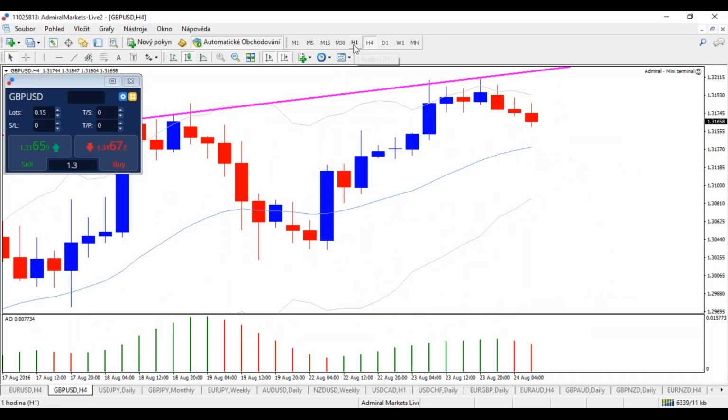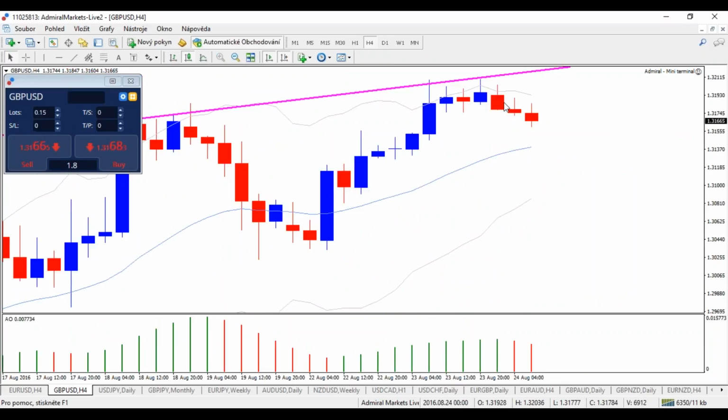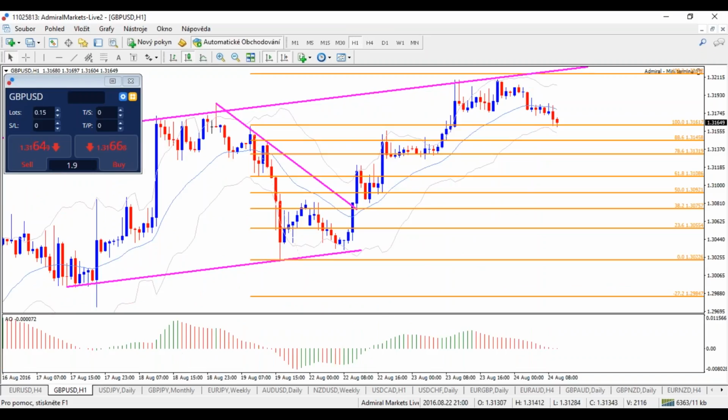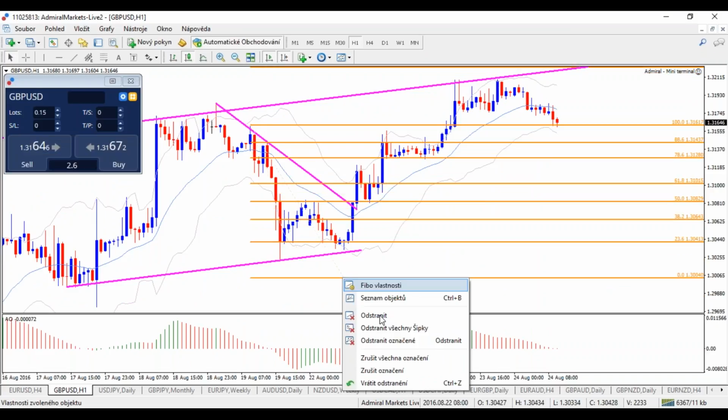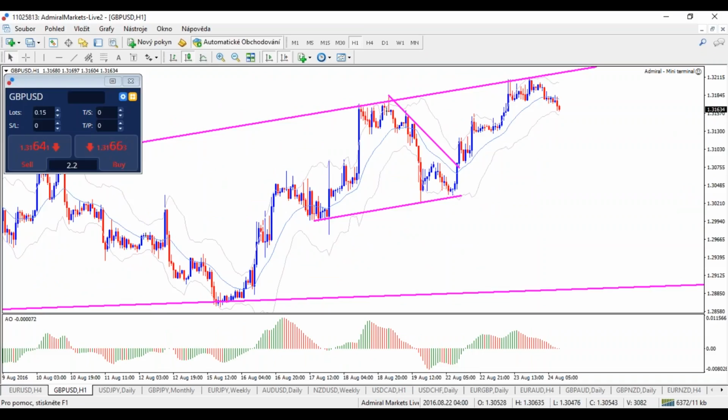For the moment, though, I think that this upside is running out of steam. It's struggling at Keltner already, and we got a couple of bearish candles here, wicks, hourly divergence. Let me get rid of this fib. So yeah, from this point of view, we can even add one more trend line like this.